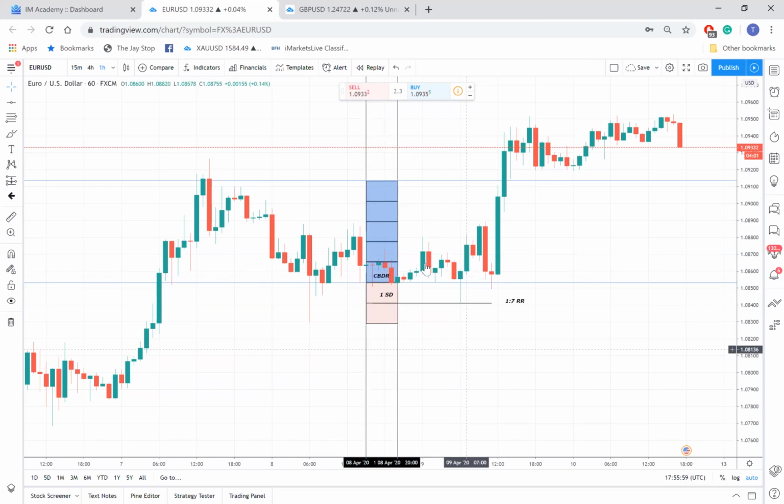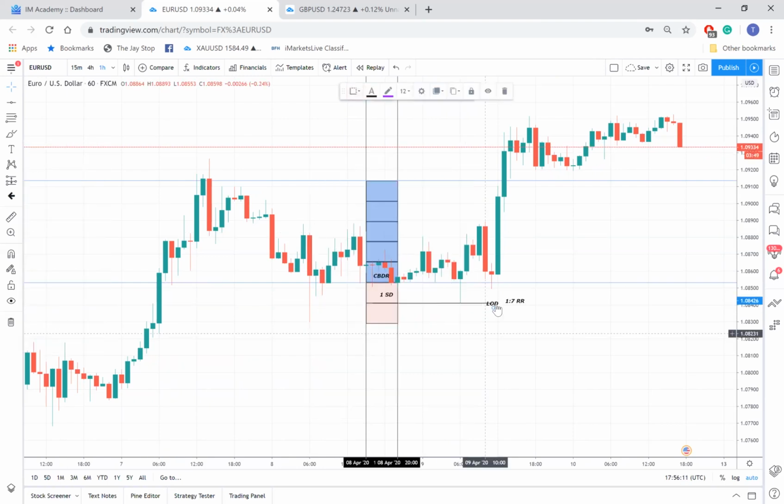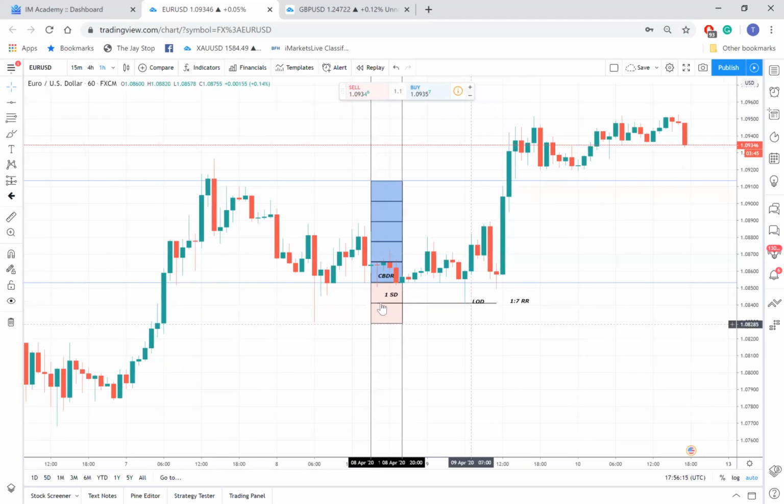Then what do they do? They manipulate down, clear the equal lows here. 1 standard deviation below, they set the low of the day. Right, low of the day, right there on that wick to the T. And then they go up at 10 a.m., come back down, wick above, restack the orders again, and they go bullish.